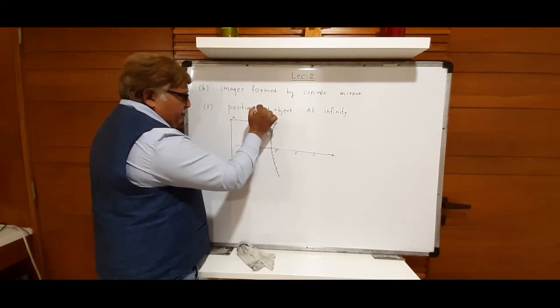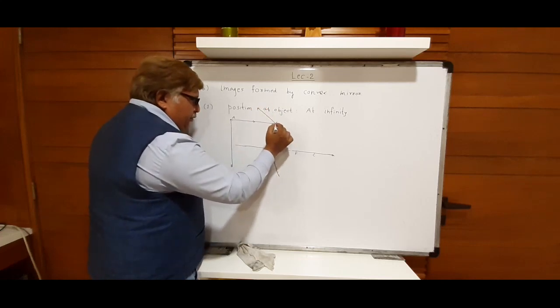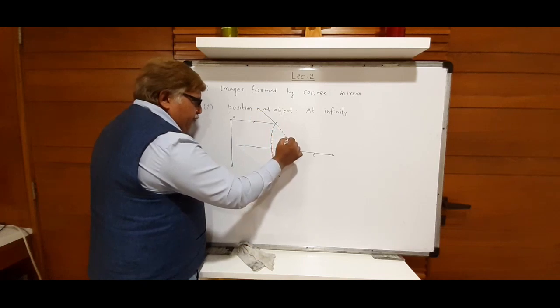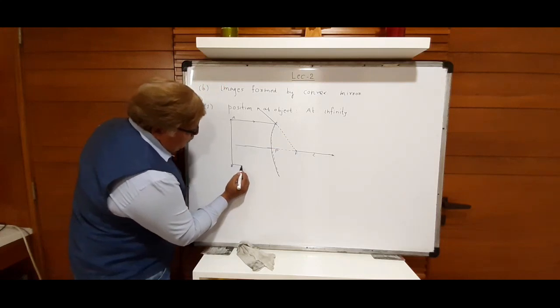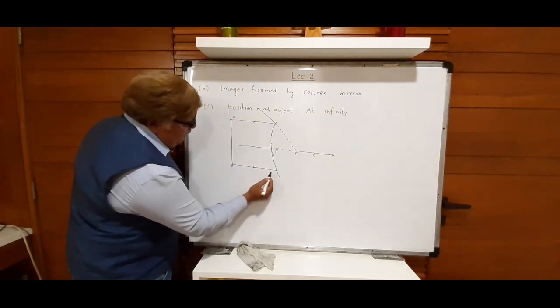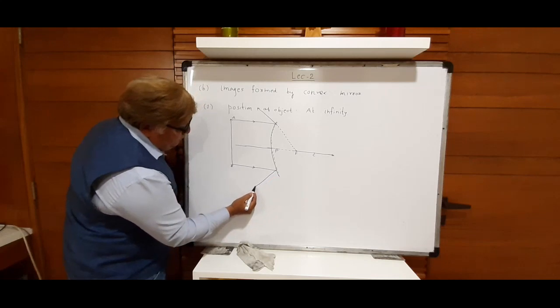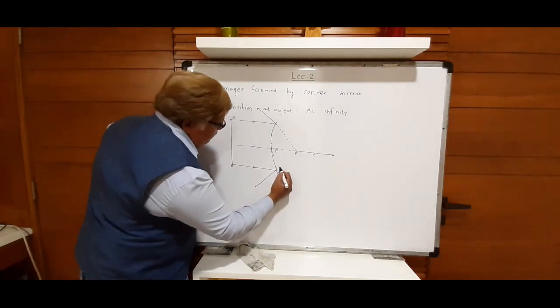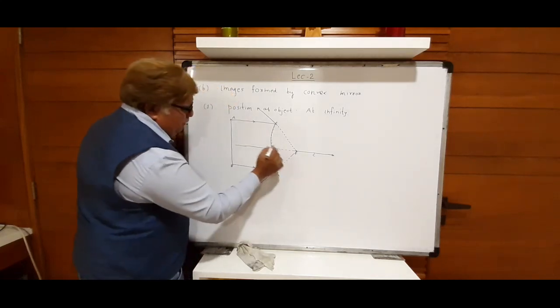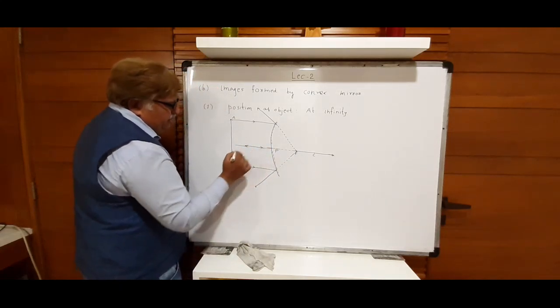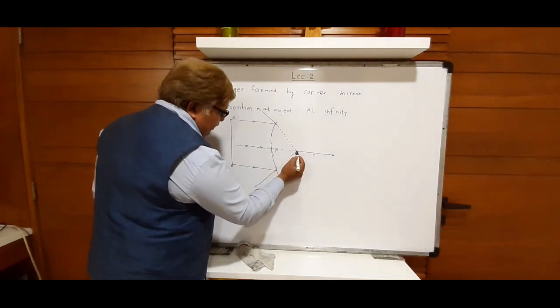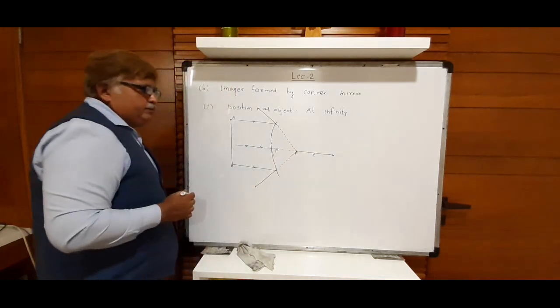But if extended back, it will definitely pass through focus. Second ray also you can draw in the same way, parallel, after reflection it diverges, but extended back it will meet. And the third ray, as you know, emerges and is reflected back. All 3 rays are meeting at this point, at focus.